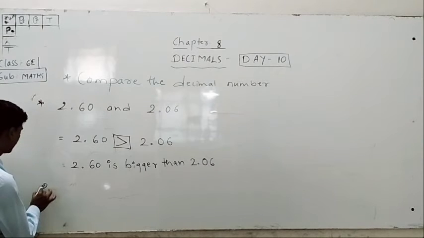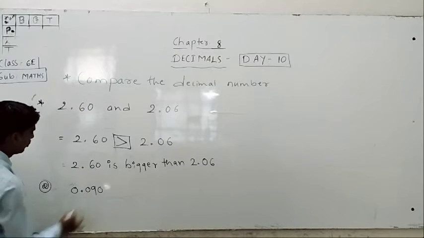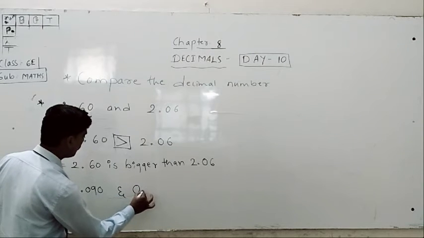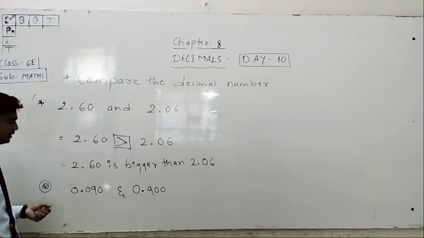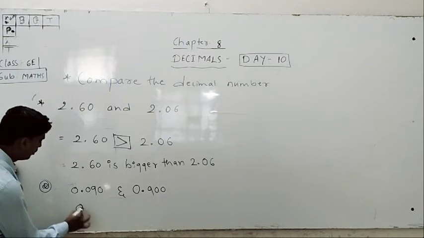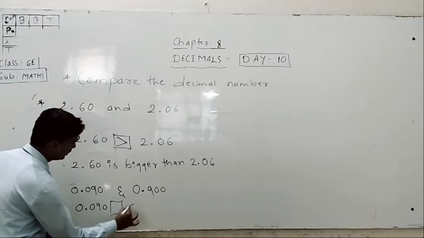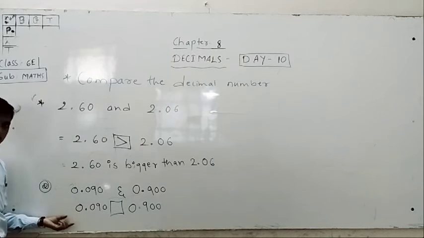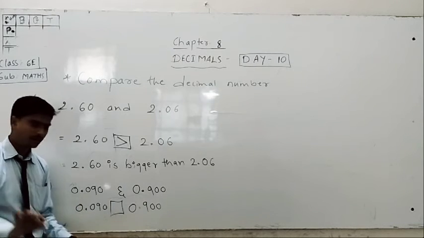Okay, next one, second one: 0.090 and 0.900. Then you have to write here 0.090, square box, 0.900. Then we should compare the first bigger place: 0 and 0 are equal, cancel.